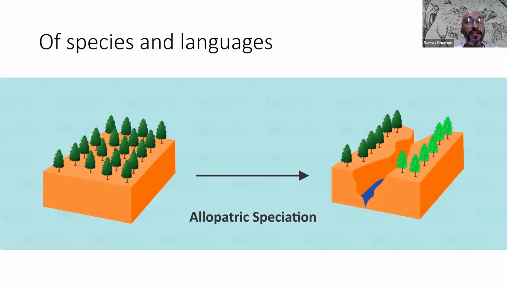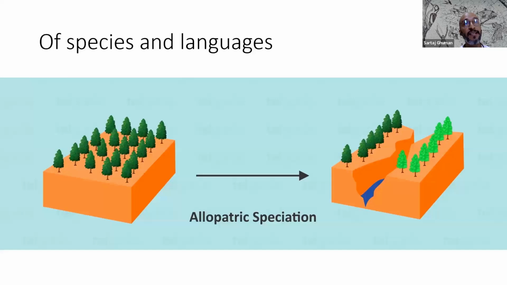And the example I will use is of languages. So if you think of all the dark green trees on the left as one language, a population that speaks one language. And if the population was to then get separated by a barrier and they could not talk to each other again, they would over time accumulate changes which would lead these two languages down very separate paths.